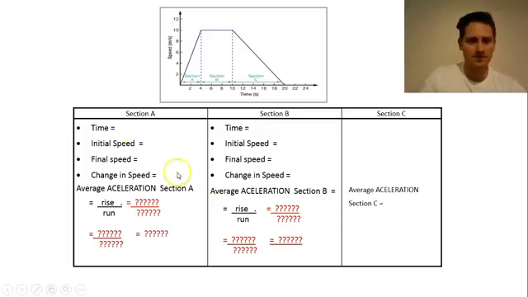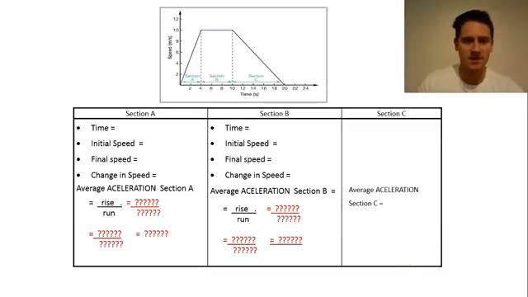What I've got here for section A, B, and C is basically a format in which we'll try to calculate the average speed. I'll go through section A, and then I'd like you to pause the video to try to do section B and section C yourself by using the graph. You can go back a few seconds on the video and pause it on there to have a look.